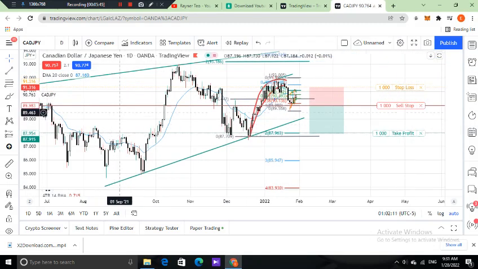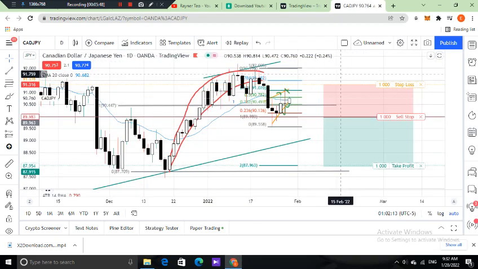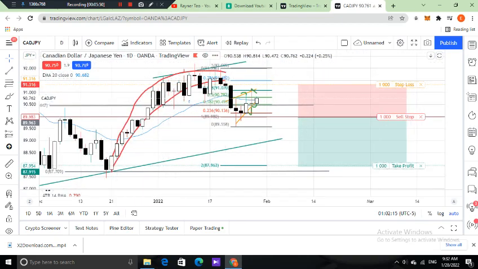Anyway, if you draw a trend line, you can see this candle is a breakout here. It broke this line.